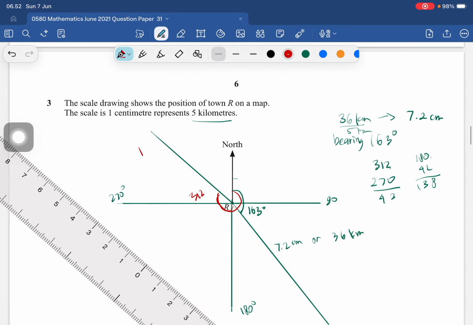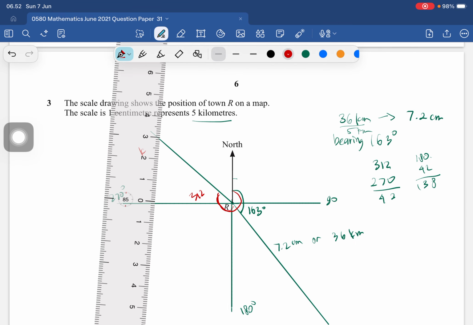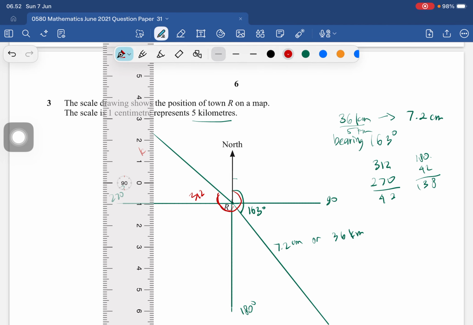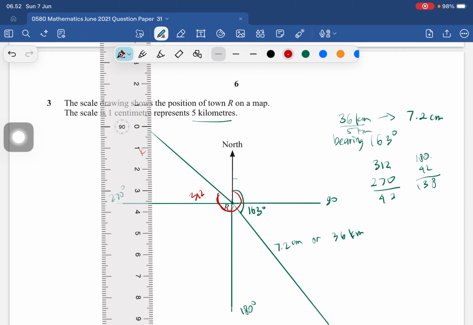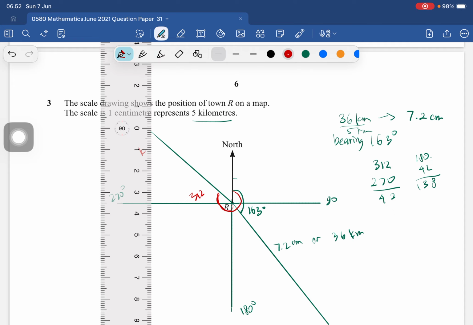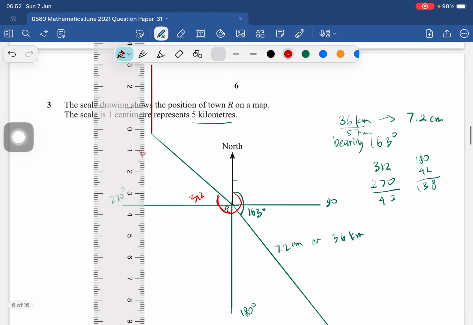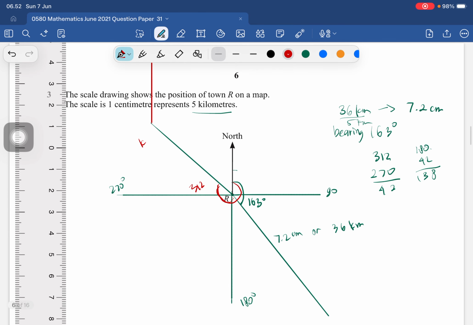Here is K, so let us make a straight line to the north. You can use the protractor or we can just use the rule.